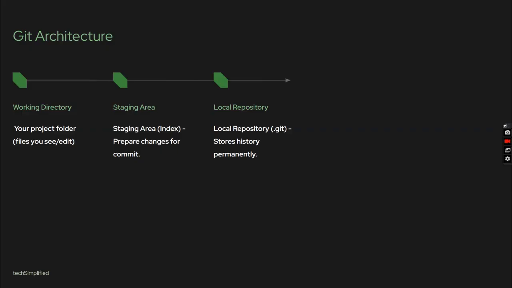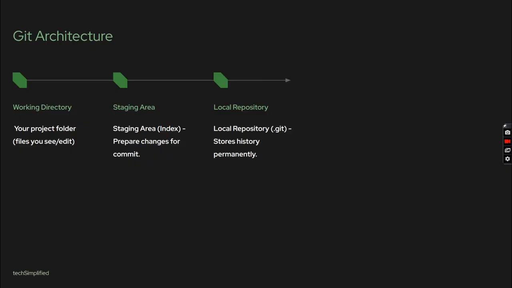For example, you have made around 10 changes, and you want just three of them to affect the main code. So in the staging area, you keep those three important changes to be added to the main code. So in the working directory, you make the changes. In the staging area, you keep all the important changes that you want to be added into the main code base.